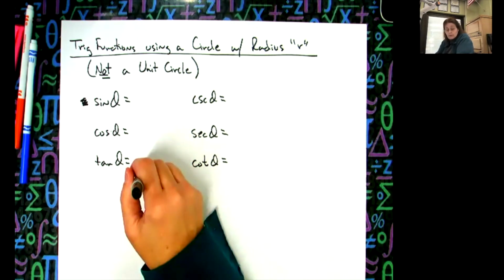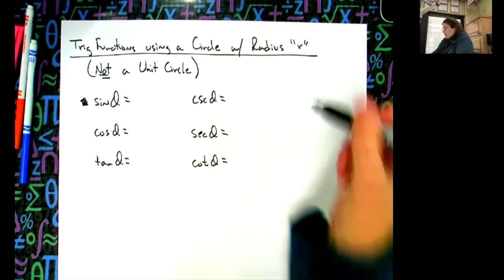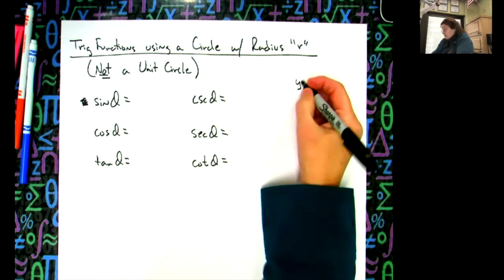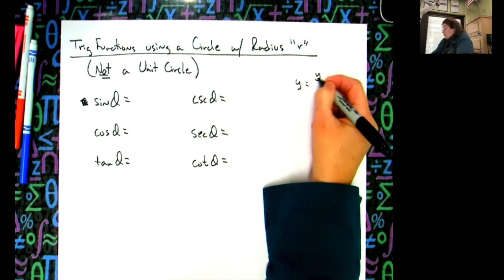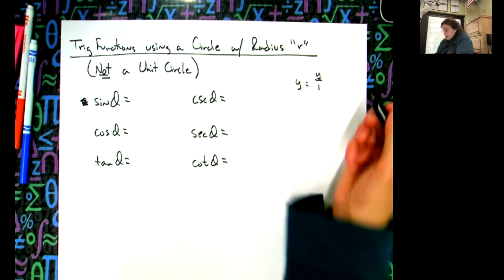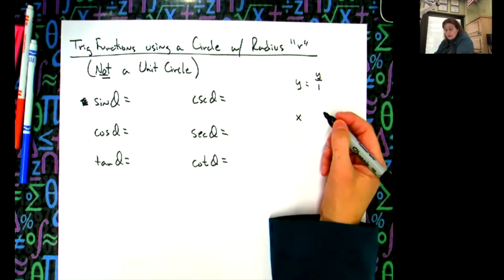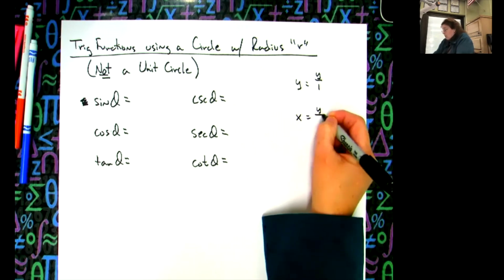Now, if you remember on our unit circle, we defined sine as y, cosine as x, and tangent as y over x. If you stop and think, if I have just the variable y and I want to turn that into a fraction, I'm going to do y over 1, right? Just go with me here for a minute. If I've got just a random variable x and I want to turn that into a fraction, I'm going to write x over 1.